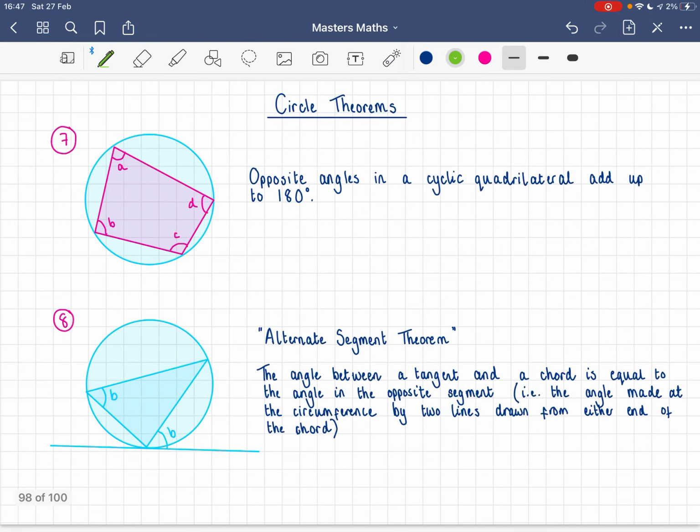Okay, number 7 is my personal favourite, the cyclic quadrilateral. That's why it's my favourite, because I enjoy saying cyclic quadrilateral.